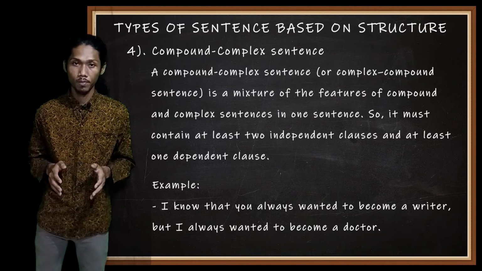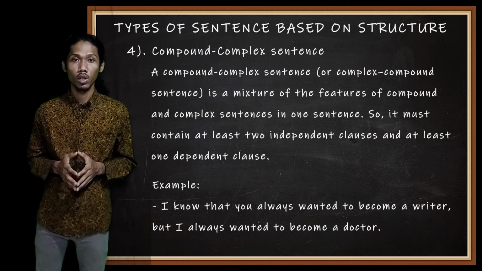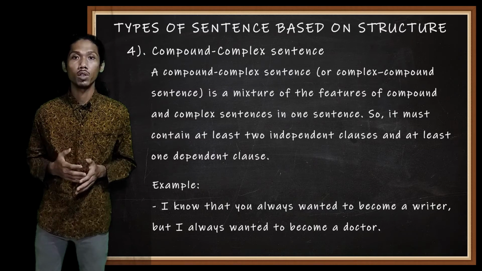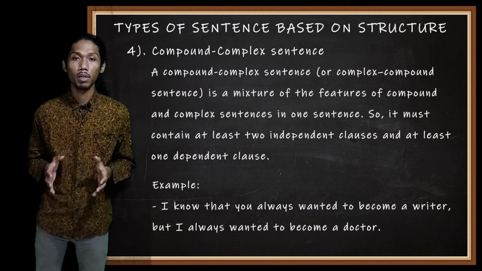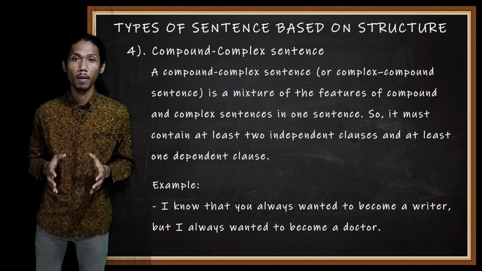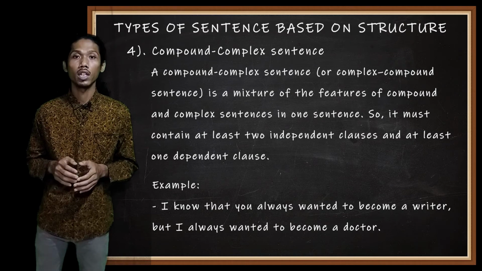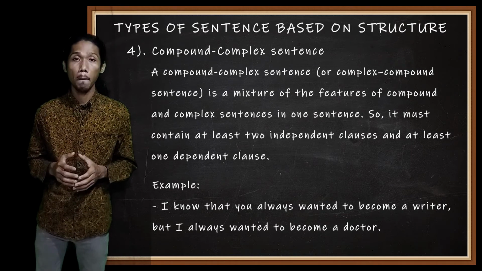For example, I know that you always wanted to become a writer, but I always wanted to become a doctor. Here, one dependent clause is followed by a complex connector, that, and two independent clauses with compound conjunction, but.